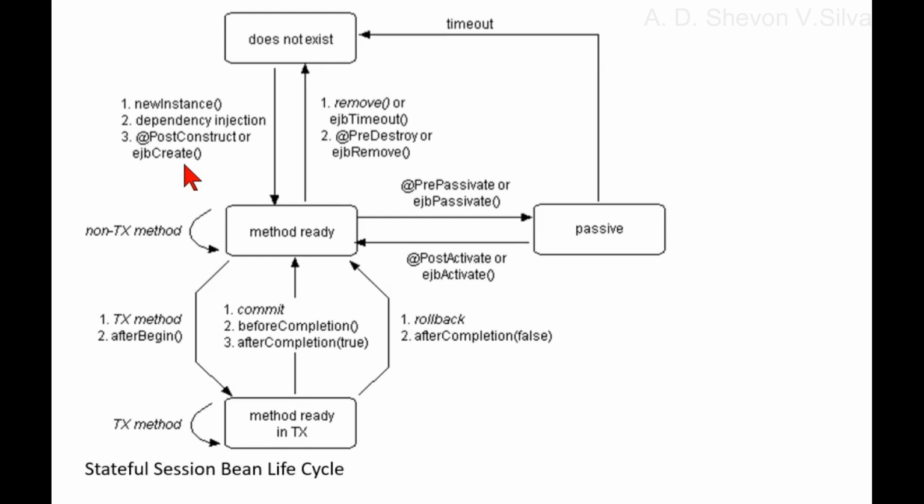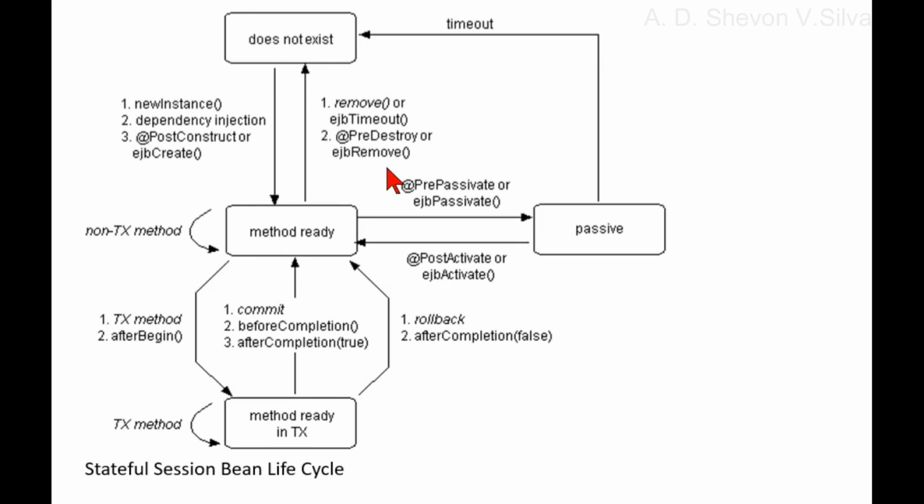EJB activate method. The container invokes this method right after it reactivates the bean. EJB passivate method. The container invokes this method right before it passivates the bean. EJB remove method. The container invokes this method before it ends the life of a session object.